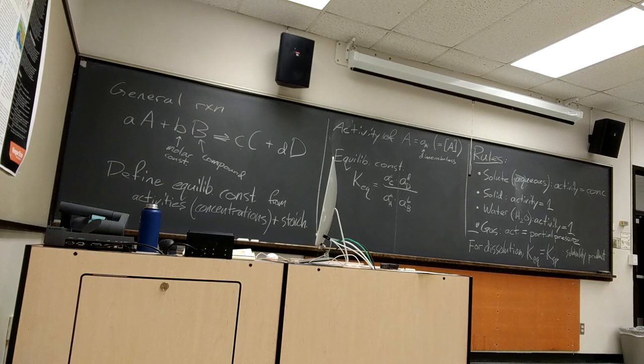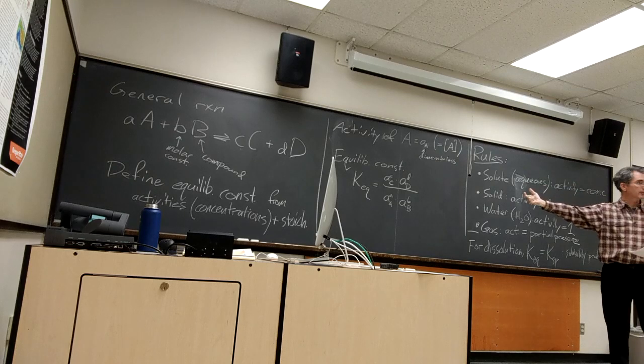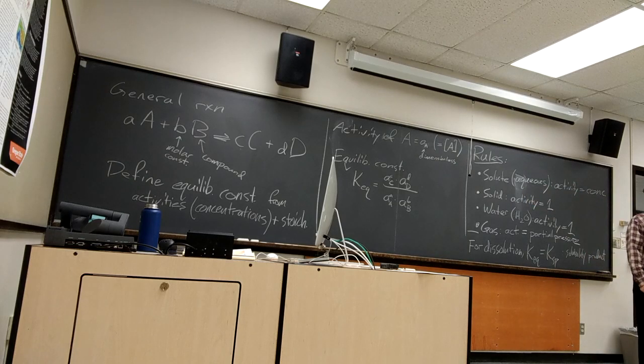One way to think about why we might call it that is that if the left-hand side of your reaction is all solid stuff and water, and the right-hand side is dissolved stuff, then your equilibrium constant is simply the product of the concentrations of the products on that right-hand side.